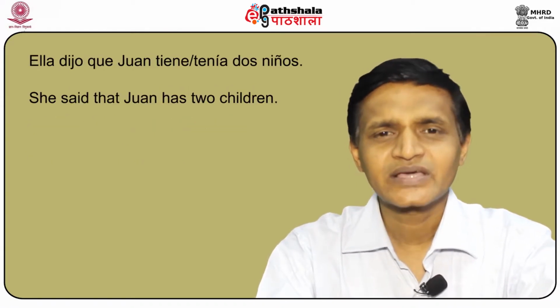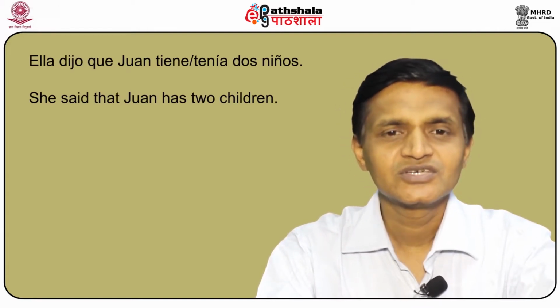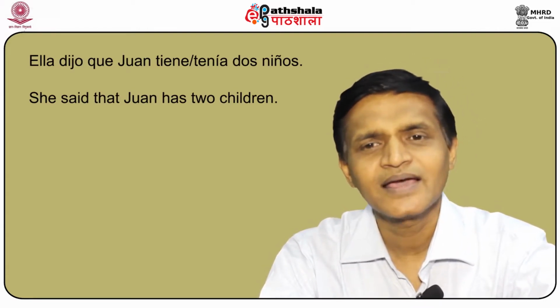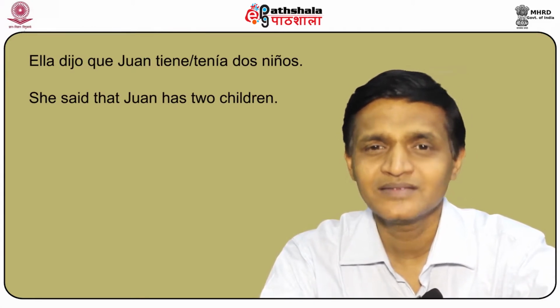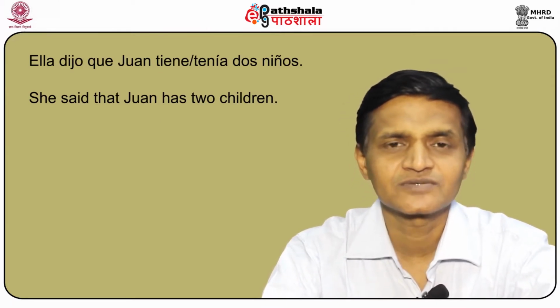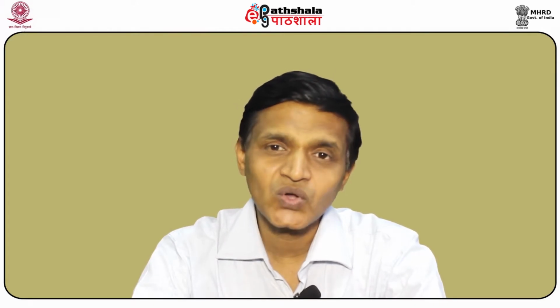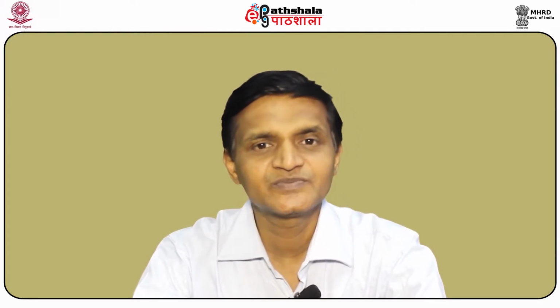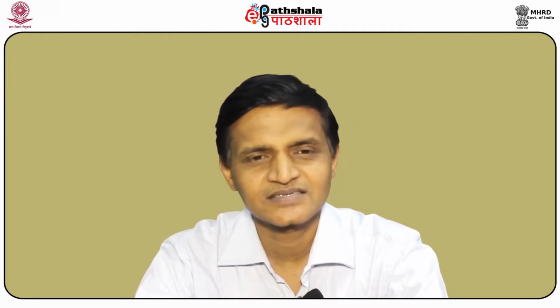Ella dijo que Juan tenía dos niños. She said that Juan has two children. So, ella dijo que Juan tiene or Juan tenía dos niños. Both are acceptable. But the tense is always changed when there is a difference between what was said and what is really the case.